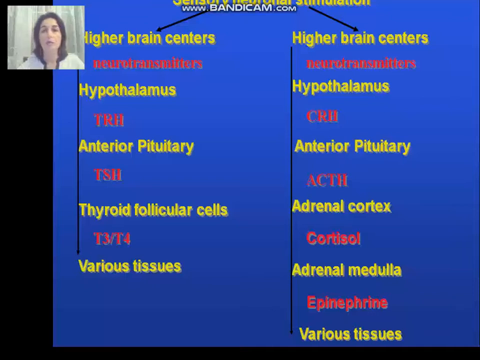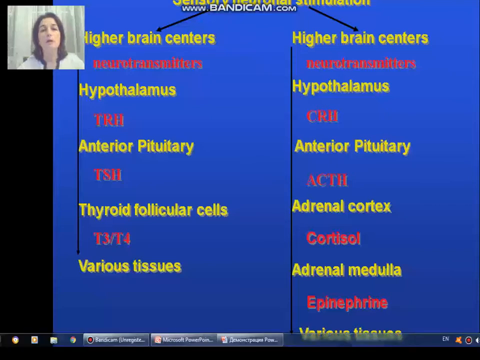It receives it from the central nervous system, from the higher centers of the brain. It will take sensory information from the higher brain centers, which send signals via release of neurotransmitters into the hypothalamus.